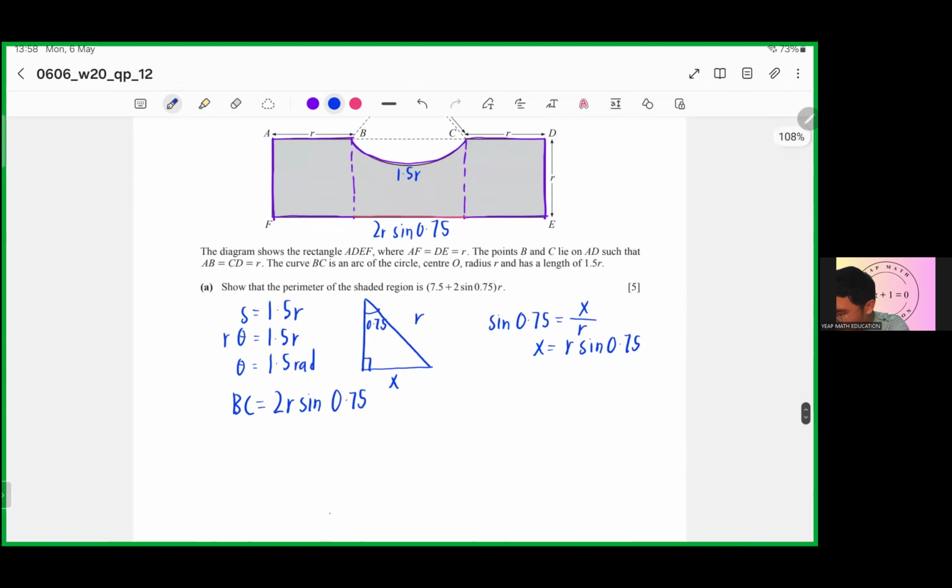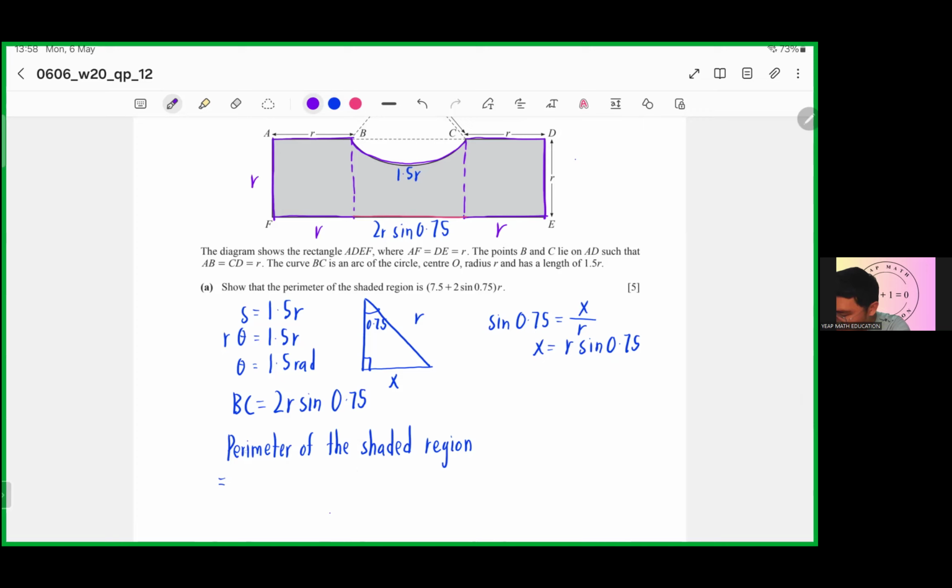After that, we can find the perimeter of the shaded region. It equals R plus 1.5R and also plus R, and then let me see how many R's: 1, 2, 3, 4, 5, 6.